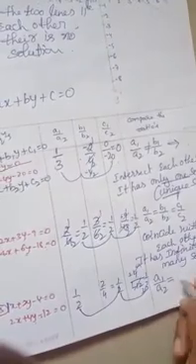When we observe these three ratios, the first and second ratios are equal, means a1 by a2 is equal to b1 by b2 and is not equal to c1 by c2.